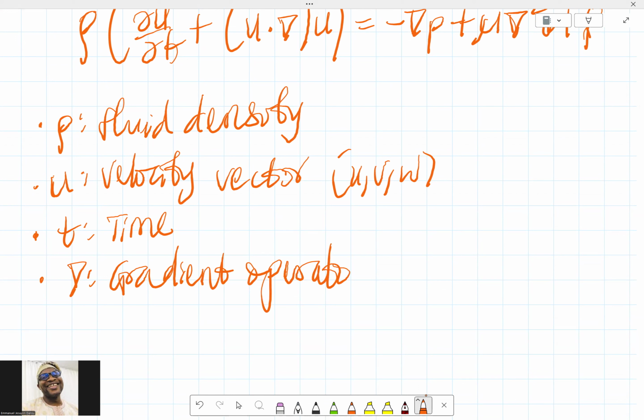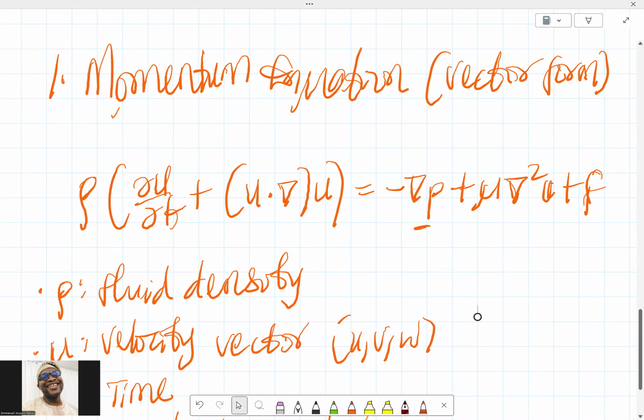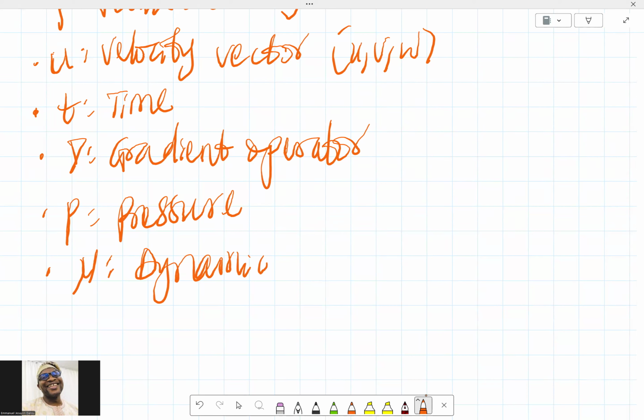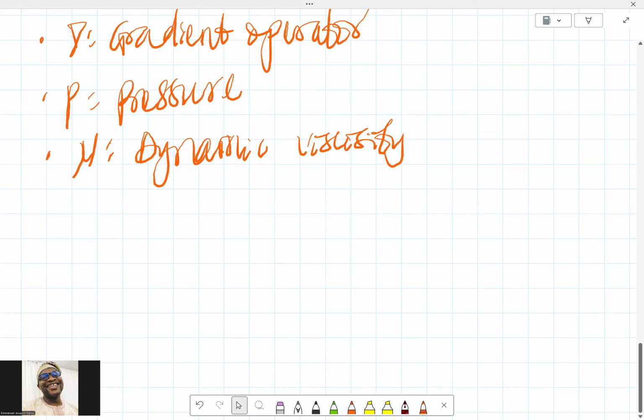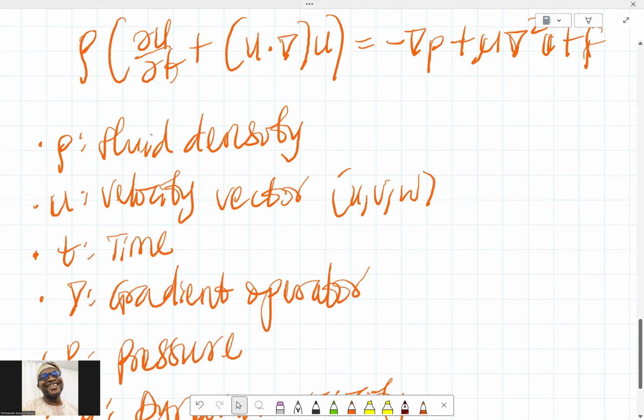We have P, which is pressure. P and rho are different, so watch out. Then mu, the dynamic viscosity. Then F, which represents external forces, e.g., gravity.